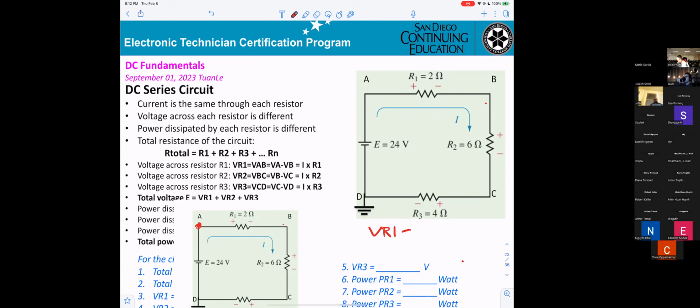If you're looking here, VR1 means the voltage across R1. Now, this side will be A, this side will be B. VR1 will be V from A to B, correct?